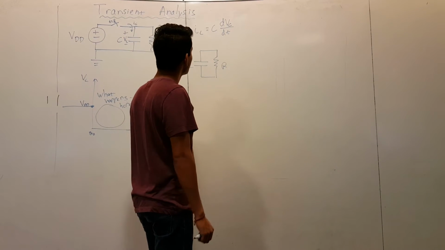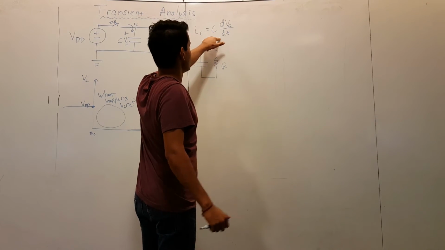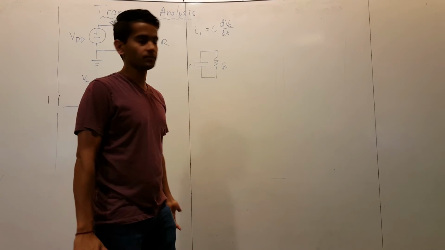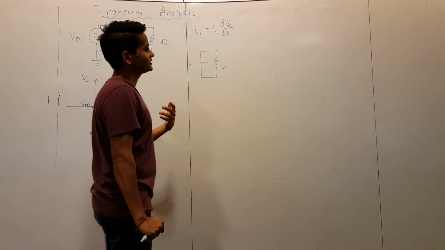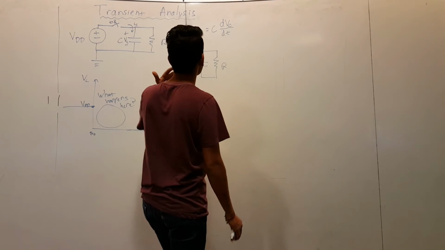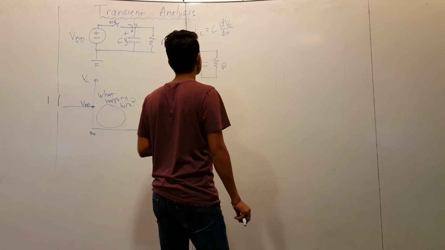As you can see, we have one equation with two variables, IC and VC. Those are our two unknowns, and obviously we can't solve one equation with two unknowns, so we need some other relationship between the current and the voltage.